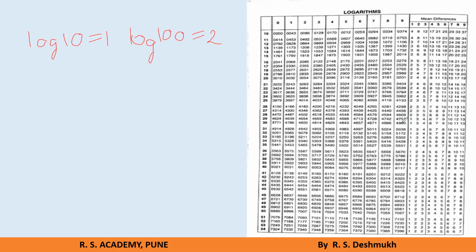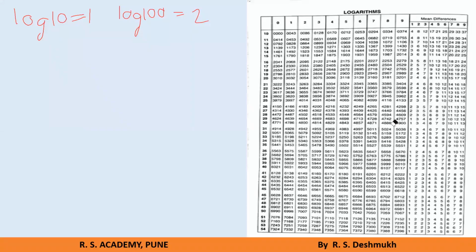Same thing, if any value is greater than 100 but less than 1000, its log should be between 2 and 3. This basic should be known to everyone. Whenever you are finding the log, always keep in mind the log can be found only up to a maximum of 4 digits. For example, let us say it is 34.12.